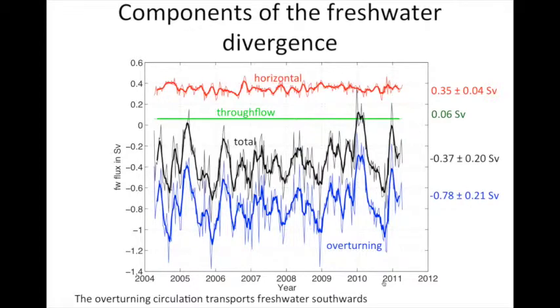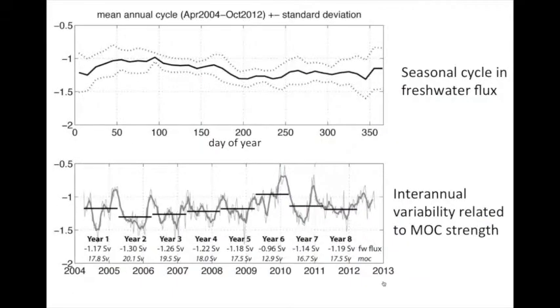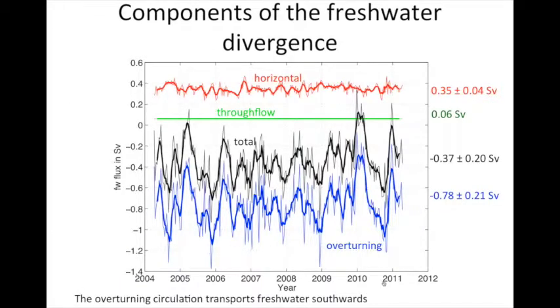Okay, so we see that it's related to the MOC. We can split the freshwater divergence up into components. So these are the three components of freshwater flux: the horizontal flow and the overturning, and then this is the total.